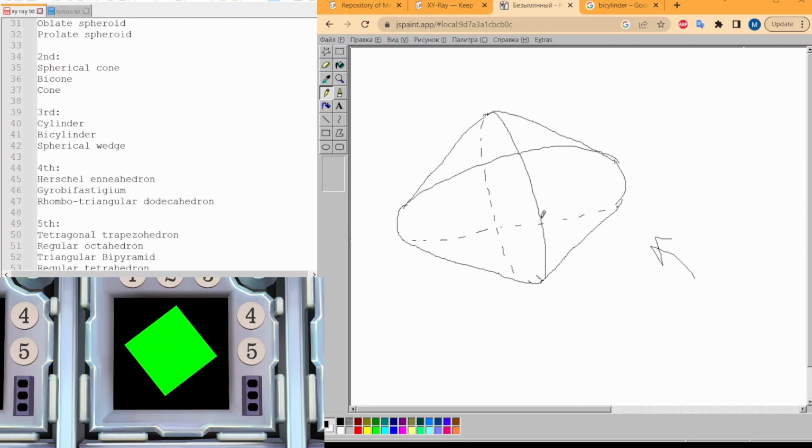So the start is just going to be something like this, for example, and then a bit later, when it reaches one of these circles here, it's going to be like this and this.